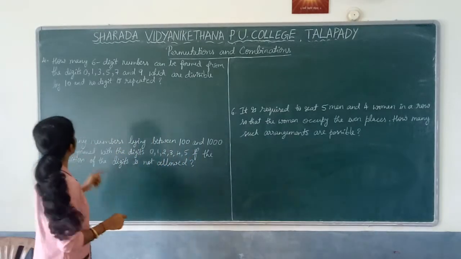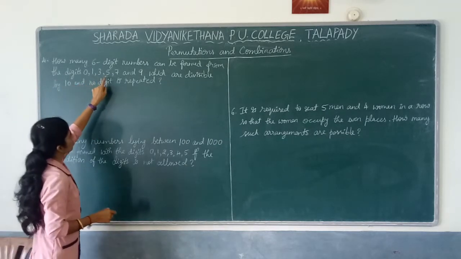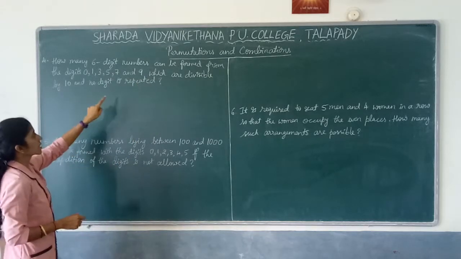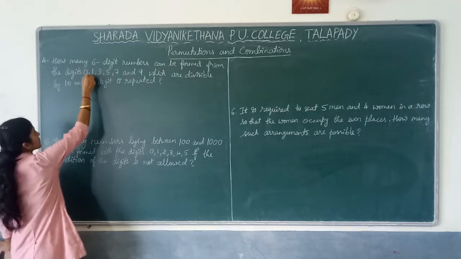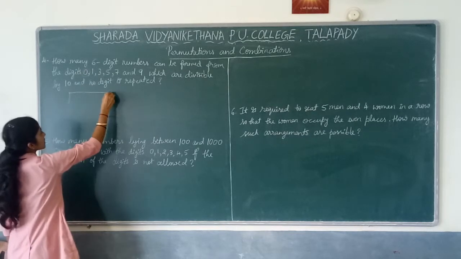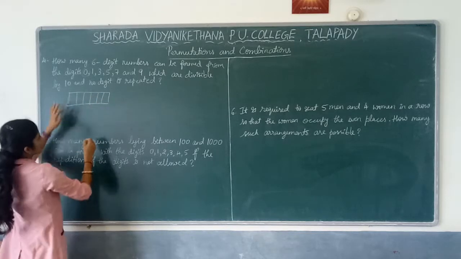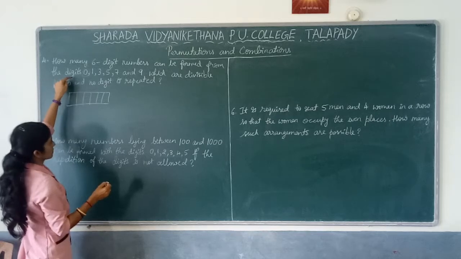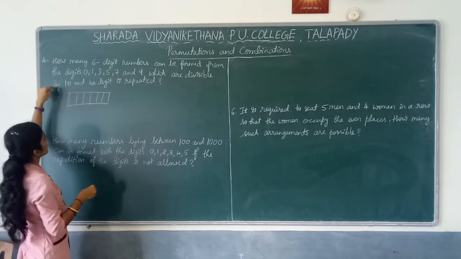The next problem. How many 6-digit numbers can be formed from the digits 0, 1, 2, 3, 5, 7 and 9 which are divisible by 10 and no digit is repeating? Okay? Now see here, 0 is there, so you should be very careful. So we want 6-digit numbers, so let me create 6 vacant places. Now see, we have to find from the 6-digit number using these digits which are divisible by 10.